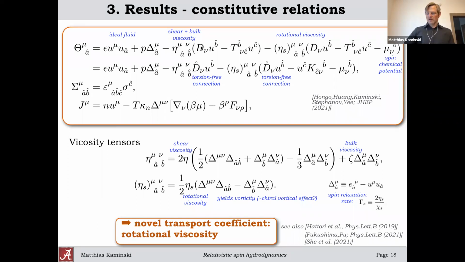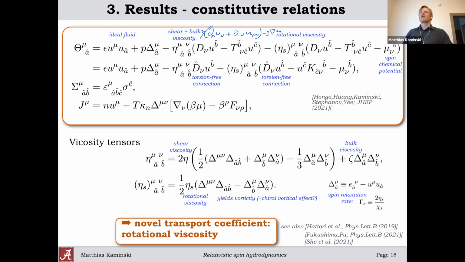If you want to rewrite this, in the simplest form, it would be something like d mu u nu plus d nu u mu, and then minus the trace contribution, times the shear viscosity eta, and then minus the bulk viscosity times the divergence of the fluid velocity. That's what you would get from working out these tensor structures here. So this is the basic shear and bulk viscosity term.